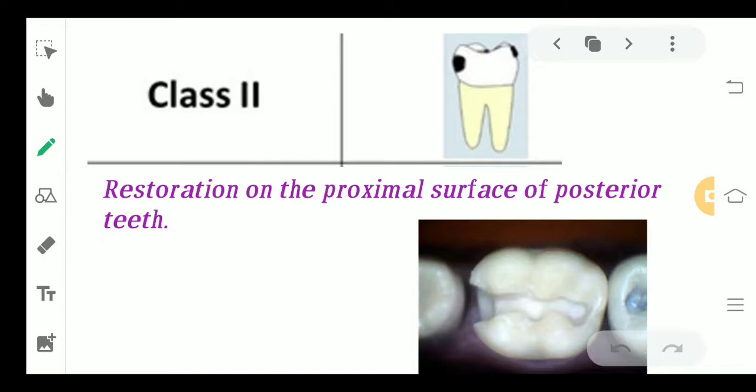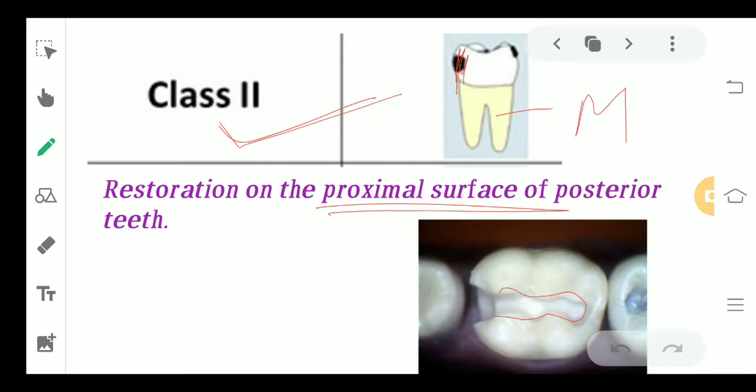Moving ahead to class 2. Class 2 mainly comprises restoration of the proximal surface of posterior teeth. Here also we talk about molars and premolars, but now we are talking about the proximal surface. If the caries are on the proximal surface of the teeth, then you're going to do a class 2 cavity preparation. In this class 2 cavity preparation, the first thing you did was class 1.